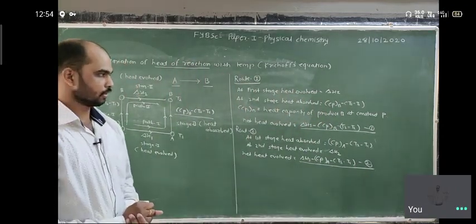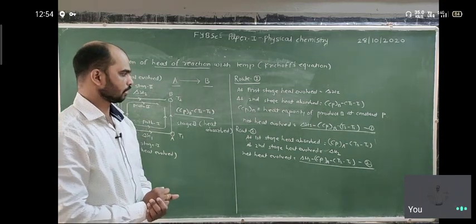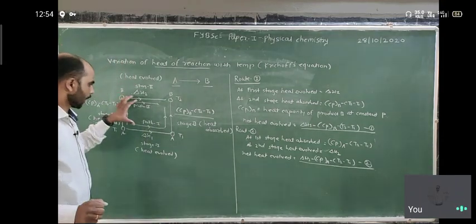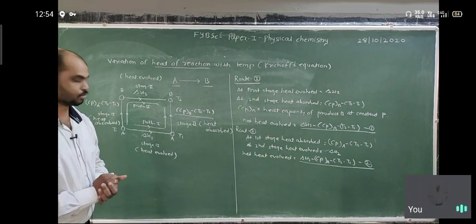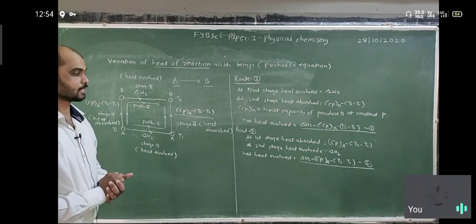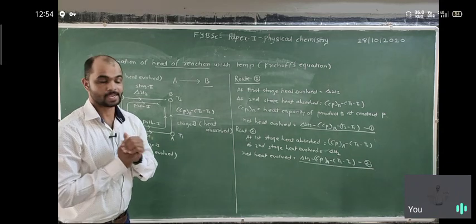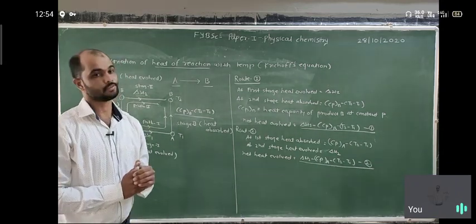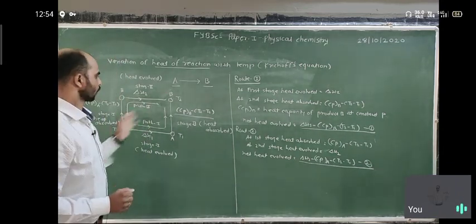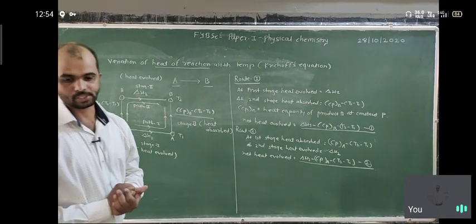According to conservation of energy, route A and route B have the same process, meaning both have the same heat evolved. Both have the same heat of reaction according to conservation of energy. If we use this path or this path, both have the same energy.